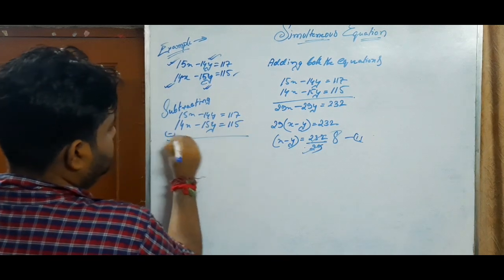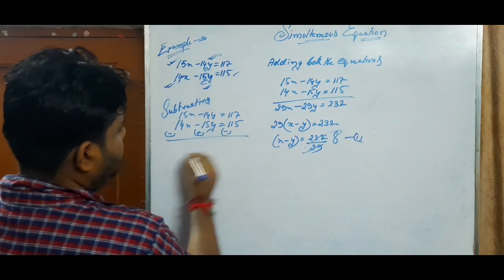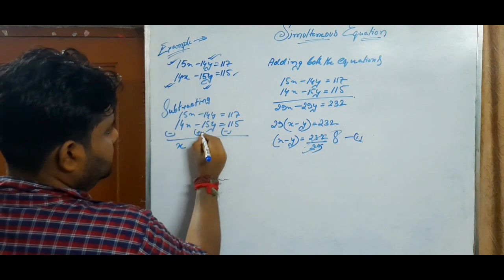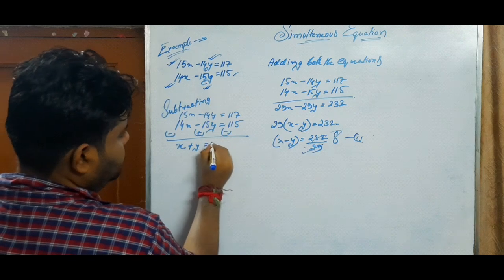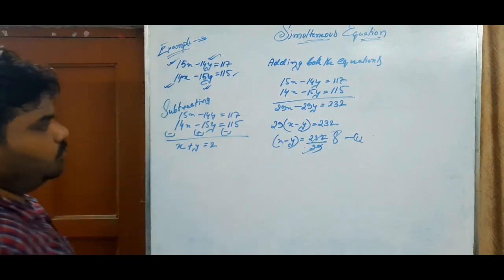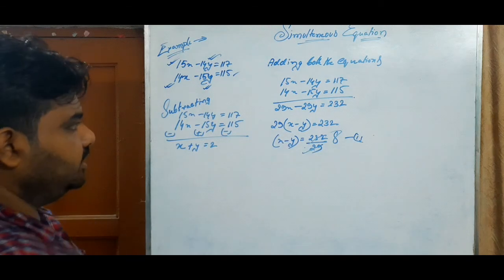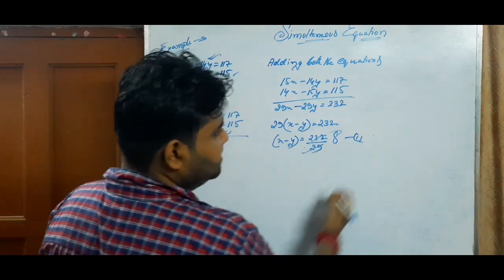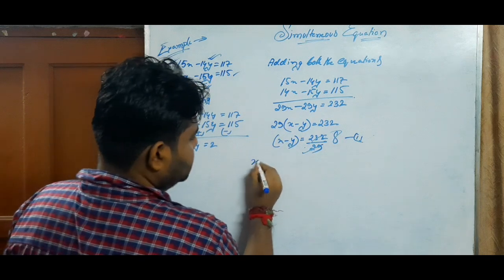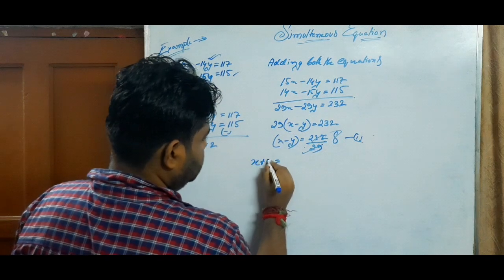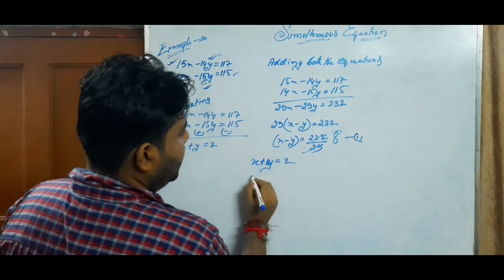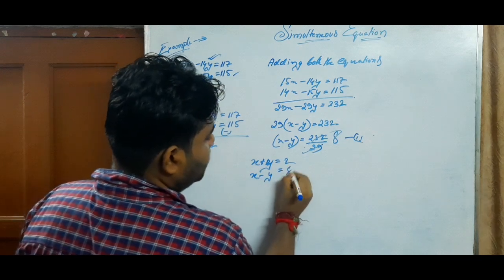Now minus plus minus, that is x plus y equals to 2. Now we get x plus y equals to 2 and x minus y equals to 8. Now it will be easier to eliminate, because just see, x plus y equals to 2 and x minus y equals to 8.